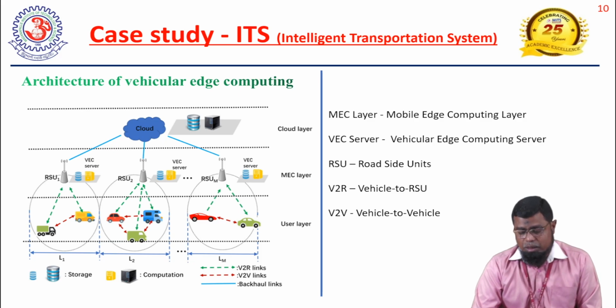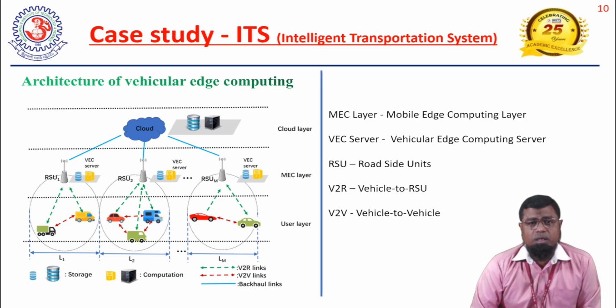Next, let us discuss a case study. I will take only one case study, and I will try to demonstrate how edge computing is going to affect real-time applications. I have taken the case study as intelligent transport system, where different vehicles are going to communicate with each other.